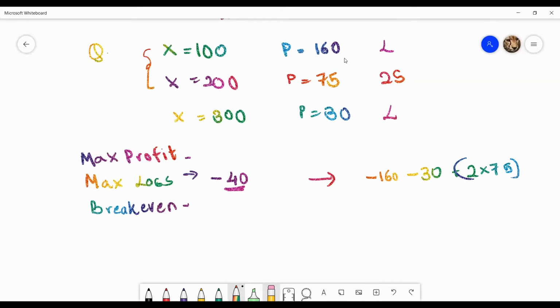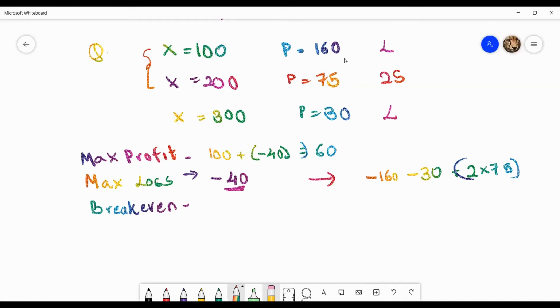So you take the first bracket: the difference between your strike 2 and strike 1 is 100, plus your maximum loss, and that is your maximum profit. So maximum profit is 200 minus 100, plus your loss of minus 40. So maximum profit is equal to 60. That is how you calculate your maximum profit.